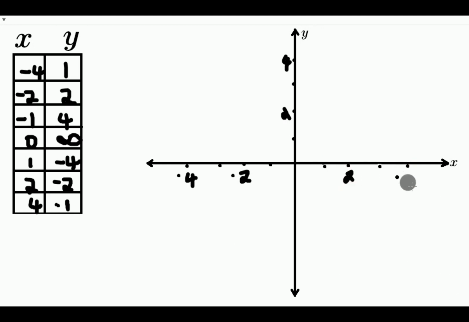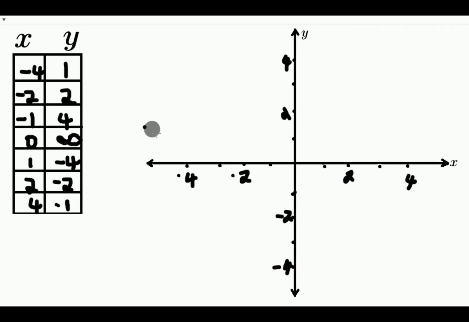So it will be 2 and 4. So it will be 1, minus 1, minus 2, minus 3, minus 4. So it will be minus 2 here and minus 4 here.